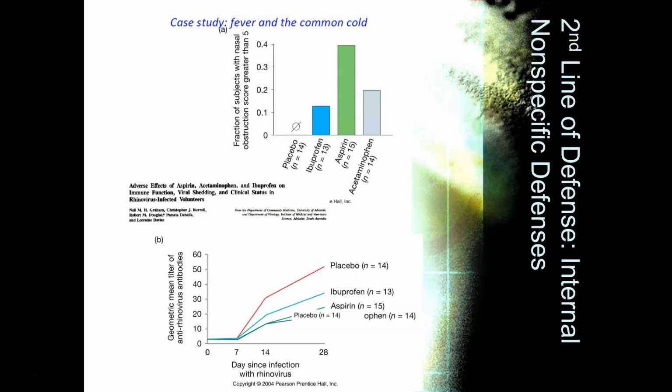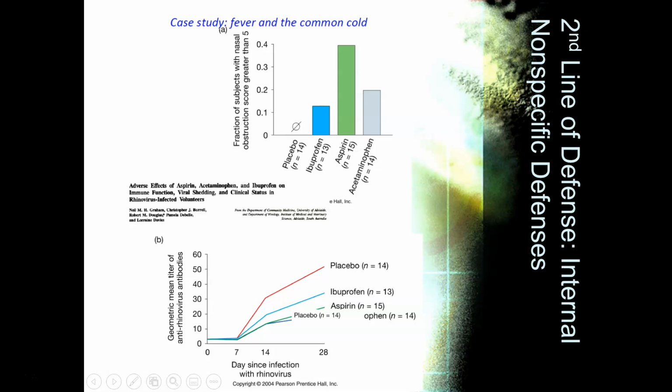But here's the interesting thing. This particular set of graphs is from a study specifically looking at fever and the common cold. So if you were to start popping those anti-inflammatories as soon as you see a fever, you actually seem to increase the days in which you remain sick, as opposed to the placebo where we don't give you anything.